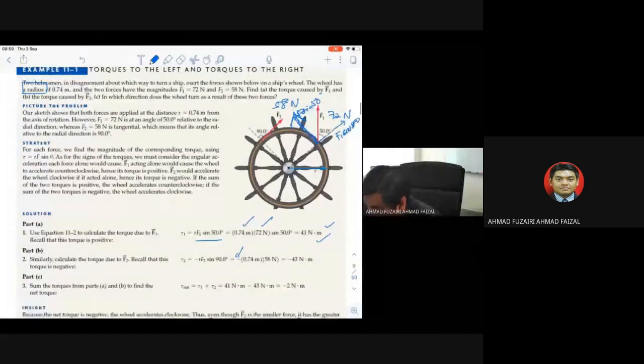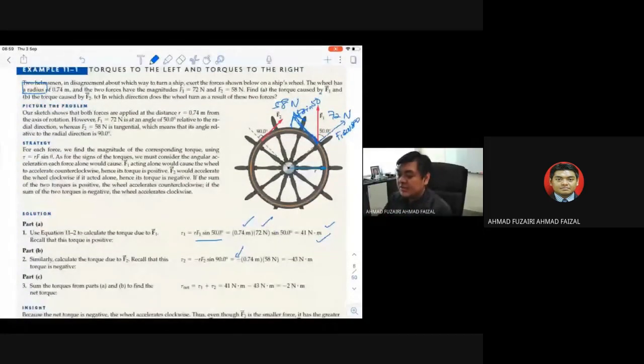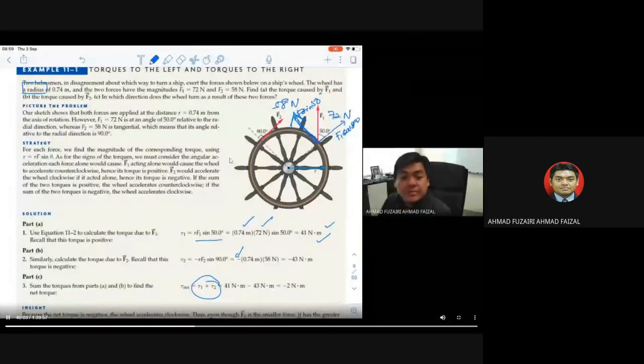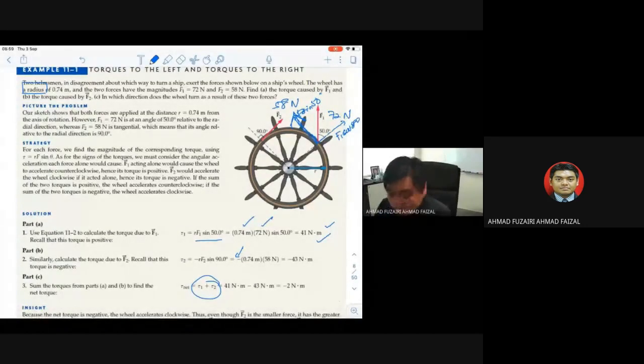And what happened in part C? In which direction does the wheel turn as a result of these two forces? The net torque equals torque number 1 plus torque number 2, so 41 Newton meter plus negative 43, and that will give you negative 2 Newton meters.